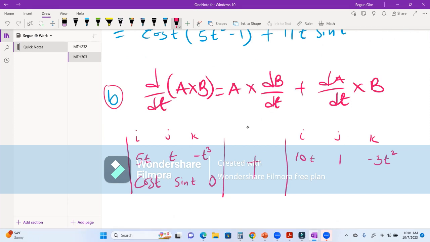J is 1. That's why we have 3t squared. B alone will be what? Sin t, minus cos t, is 0.